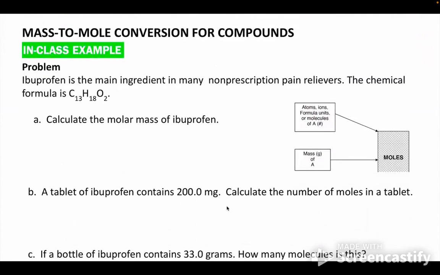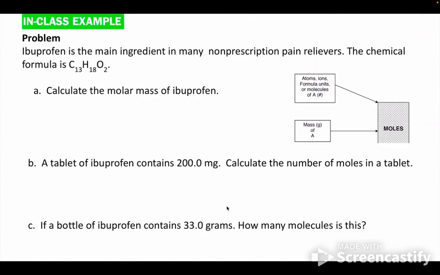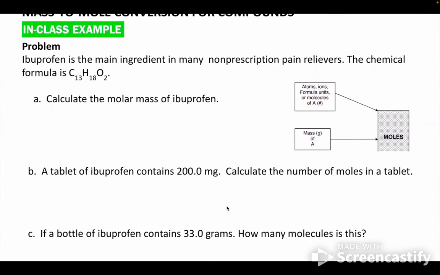Here's another problem. This is ibuprofen, found in generic ibuprofen or Advil. Again, we can calculate molar mass, listing those elements and how many of each there are in the compound.